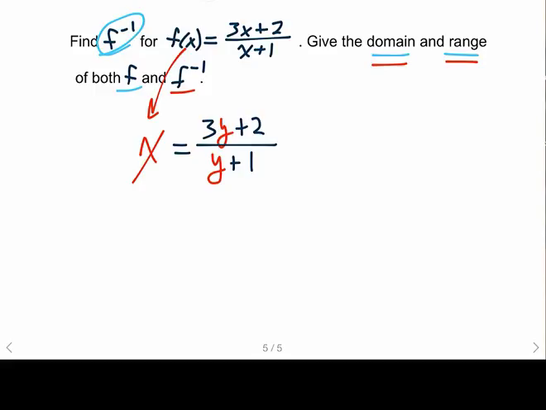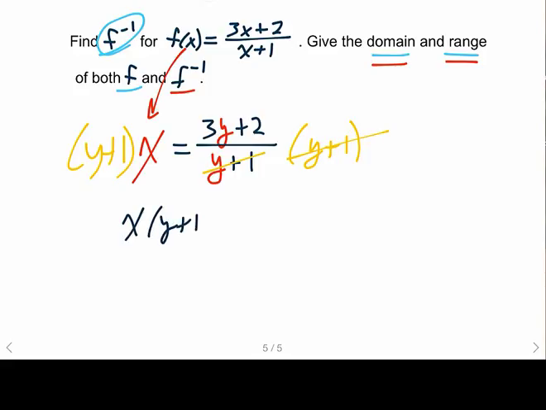The first thing I notice is that we have a fraction. So I want to clear the fraction by multiplying both sides by y plus 1. On the right-hand side, the y plus 1 divides out. On the left-hand side, I have x times the quantity of y plus 1, and then is equal to 3y plus 2 after that denominator divides out.